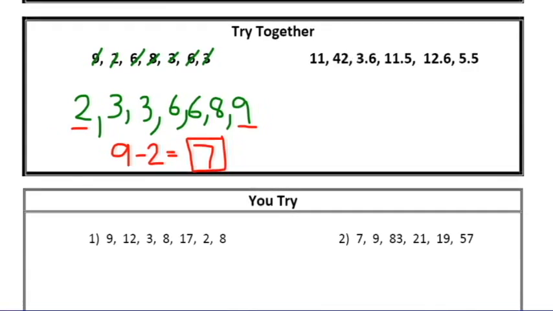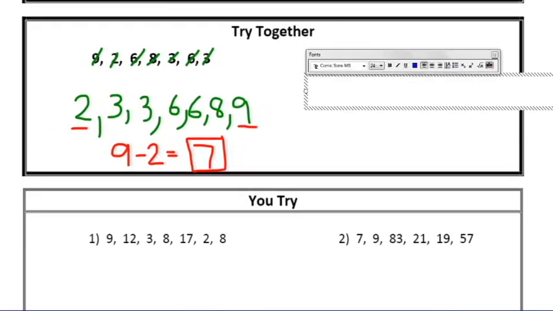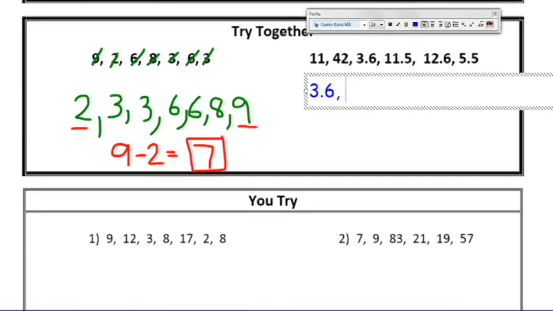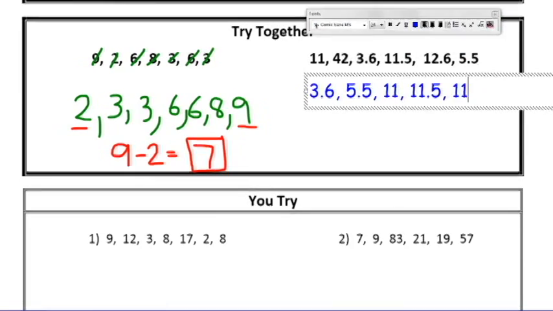Let's go ahead and I'll put these numbers in numeric order for us. 3.6, 5.5, 11, 11.5, 12.6, and 42. So these numbers in numeric order.